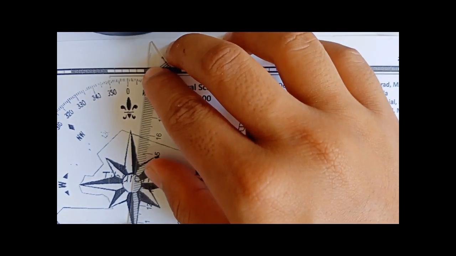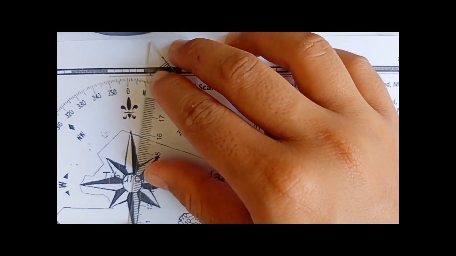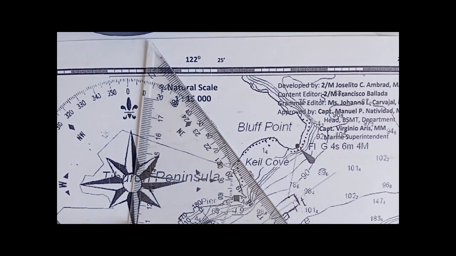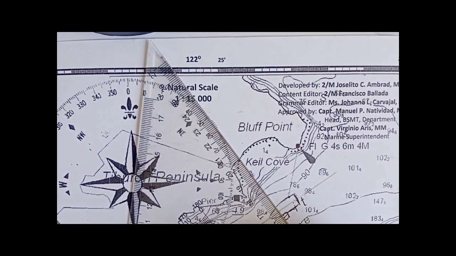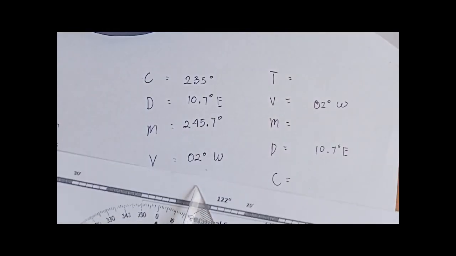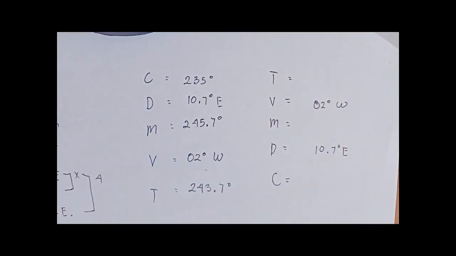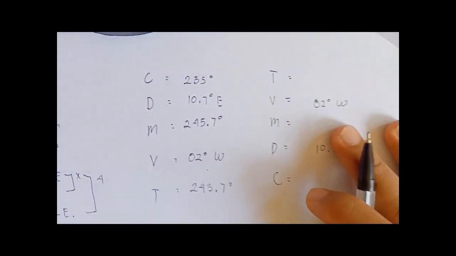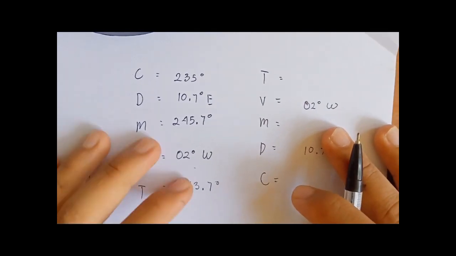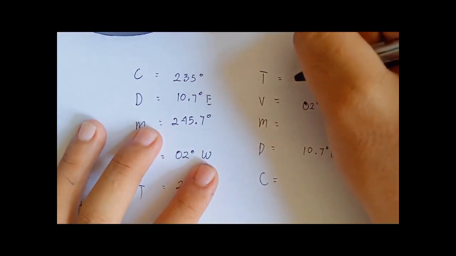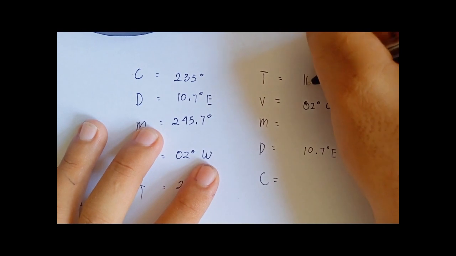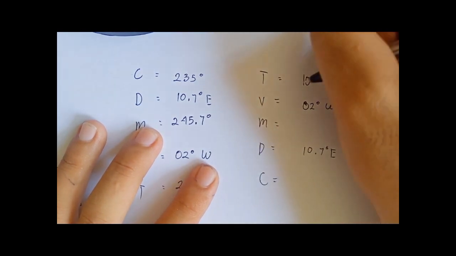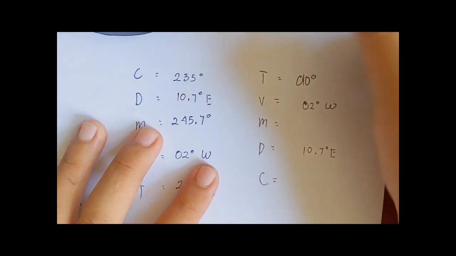Here, as you can see, the true bearing of the charted light is about 10 degrees. So after finding the true bearing, it is 10 degrees.